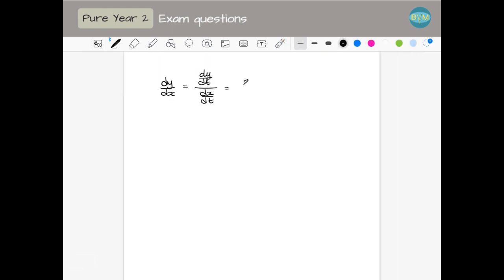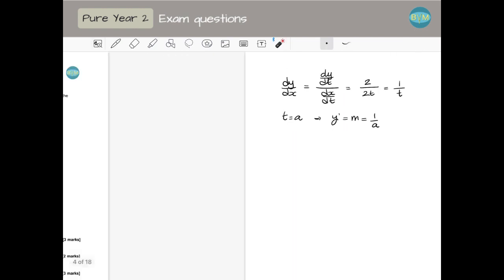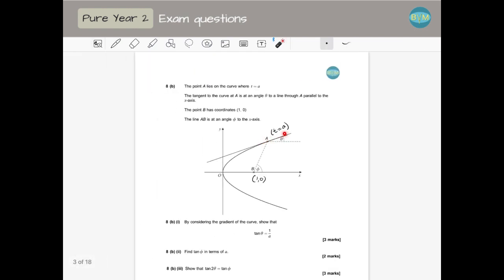That's my derivative, 2 divided by 2t, which is 1 over t. When t is a, the gradient, so we can write y prime, is going to be 1 over a. That's the gradient of the line here.